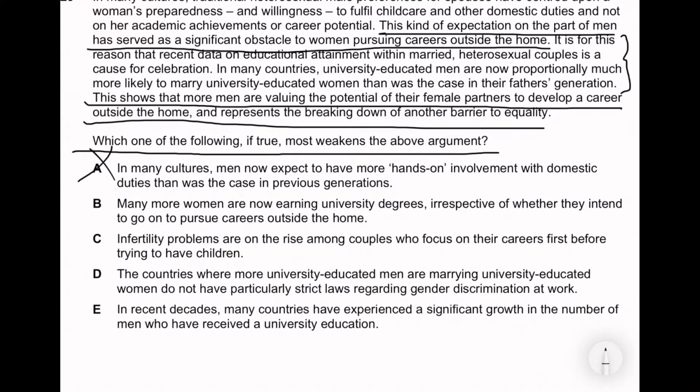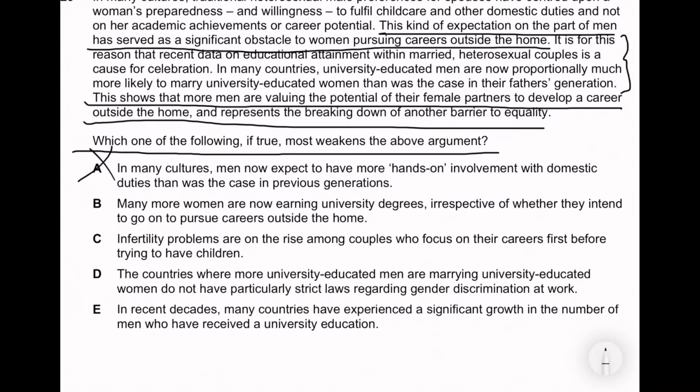B, many more women are now earning university degrees, irrespective of whether they intend to go on to pursue careers outside the home. Interesting, okay, because that's basically saying that women are just earning university degrees. They're not necessarily going to go develop a career outside the home.